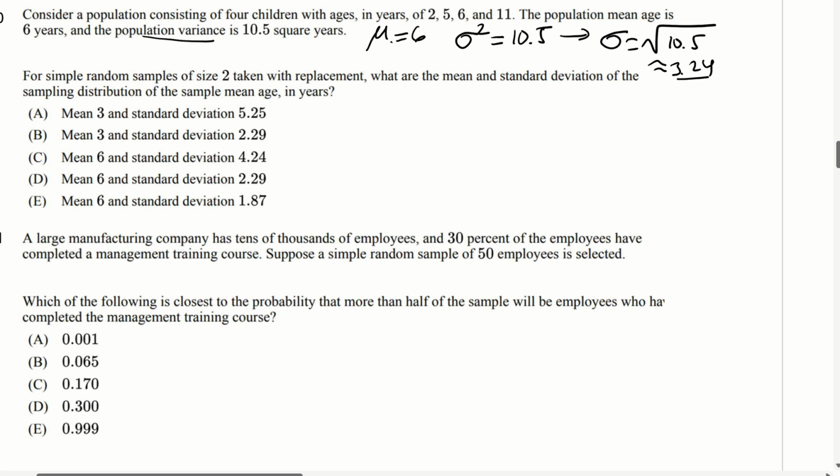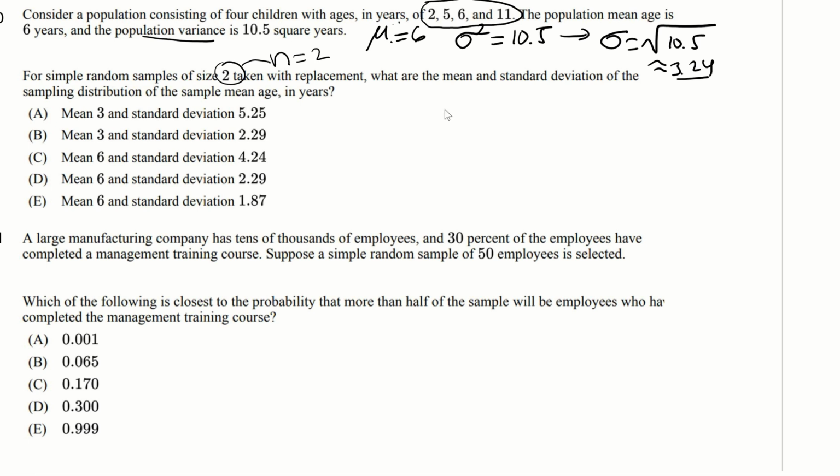So we have the mean and standard deviation of the population, and then we have our samples. For simple random samples of size 2 taken with replacement, what are the mean and standard deviation of the sampling distribution of the mean age? So n is equal to 2.